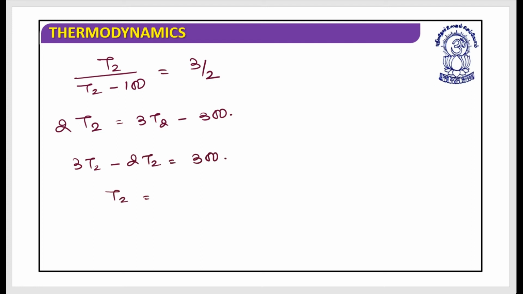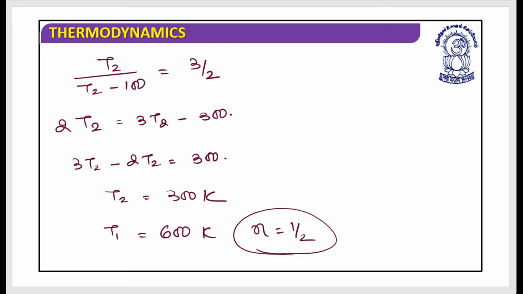Sorry, T2 is equal to 300 Kelvin, and T1 would be equal to 600 Kelvin, because the efficiency is a half. I hope this is clear. So these are the source and sink temperatures. I hope this is clear. Is it clear?